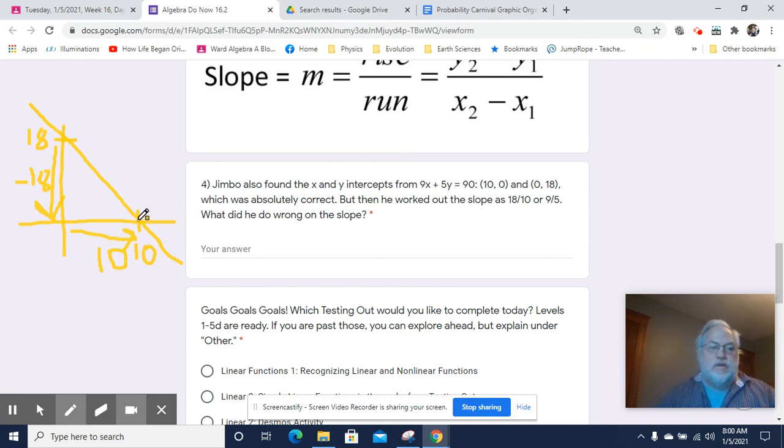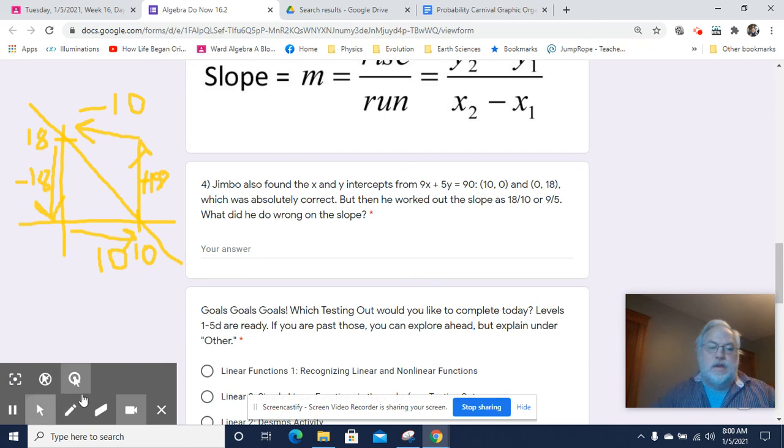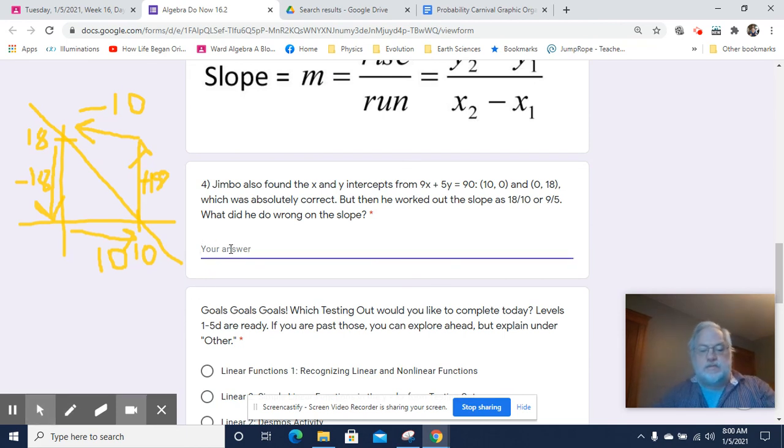If we'd done it the other way, it would be a positive 18. Okay, so a rise of 18 and a fall back or negative run of 10. So either way, you're doing 18 over negative 10 or negative 18 over 10. And either way, you should end up with a negative slope. Slope is negative.